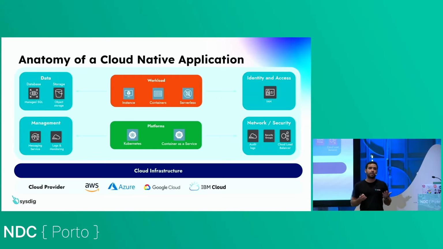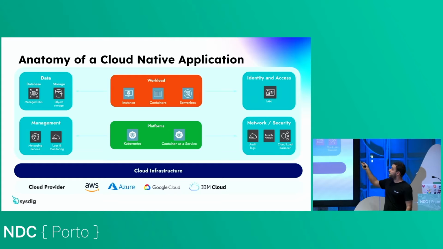So this is the anatomy of a cloud application from a high-level overview. You have the data layer all the way there. This is going to be your database or your object storage like an S3. Then you have your workload. That's the bread and butter. That's your application. That's running what you really care about. It could be running on an instance, in a container, serverless, doesn't really matter.